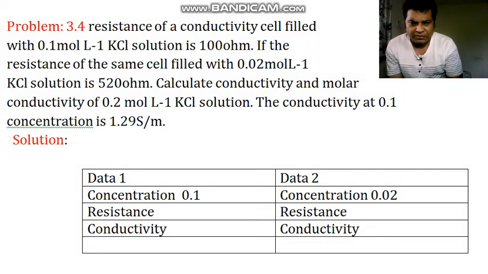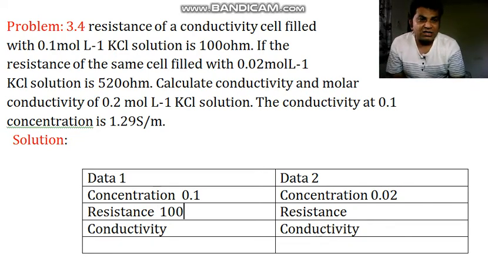When the concentration is 0.2 mole per liter KCl solution, the resistance is 520, so I am writing here 520 ohms. So these data are given to us.